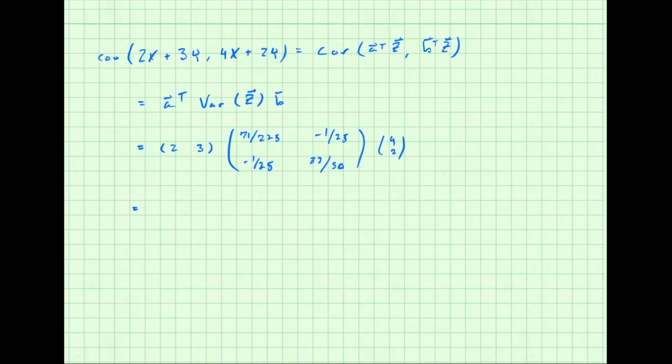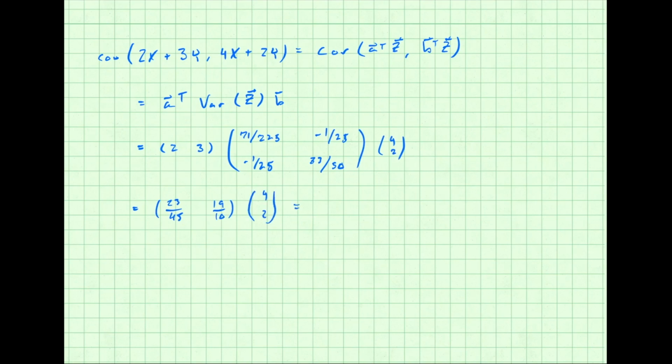So let's multiply this row vector and this matrix first. And then we're going to get another row vector. I don't do it this fast in my head, but I'm just telling you what it turns out to be. It's 23 over 45 as the first component, and then 19 tenths. And then we've still got this vector 4, 2.